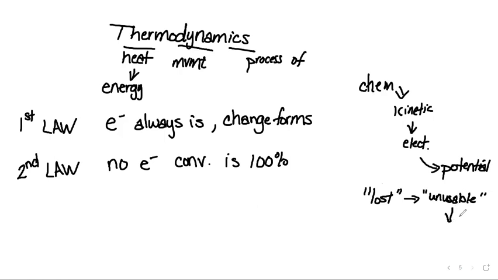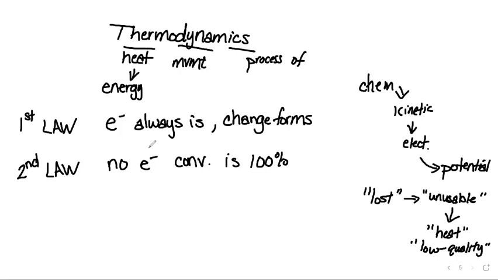And by unusable energy, what I mean is heat, because that's where most of this lost energy ends up. You may also see this talked about as low quality energy. Same thing. Synonymous terms.